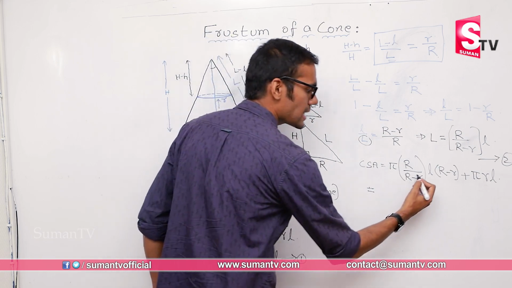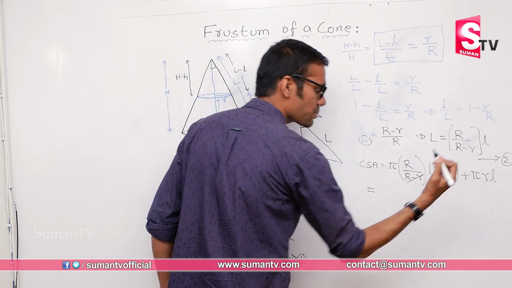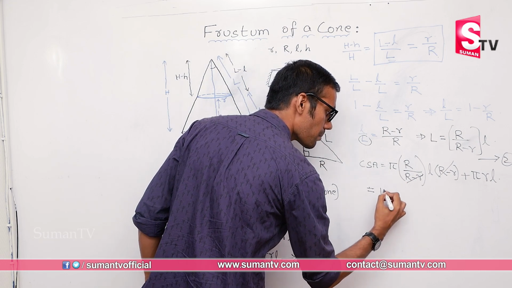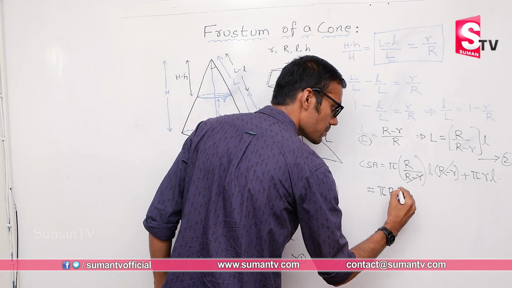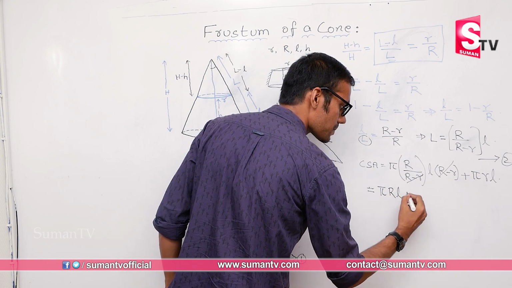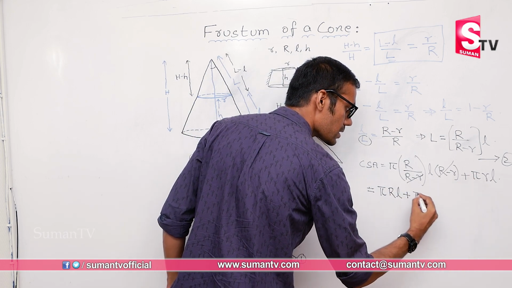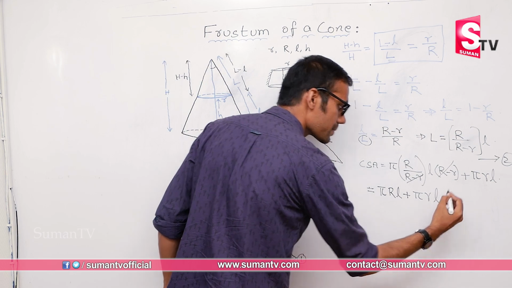Now, if you cancel out capital R minus small r and capital R minus small r, what are we going to get? Pi capital R into small l plus pi small r into small l.